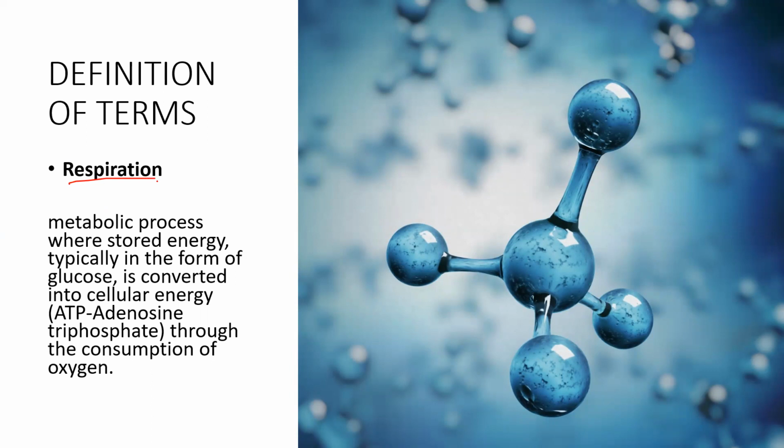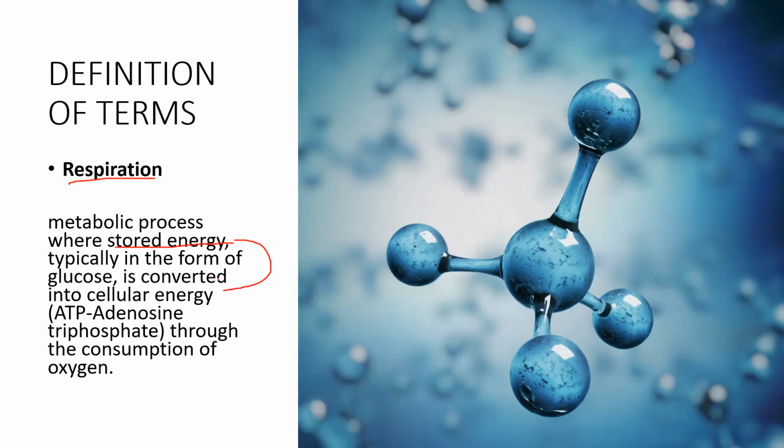Another one is the respiration. So respiration is the metabolic process where the stored energy, typically in the form of glucose, is converted into cellular energy. So respiration converts it into cellular energy inside the cell, and the product is what we call the ATP or the adenosine triphosphate. So the respiration is one of the storage energy of the plants wherein yung stored energy are located in the cell.